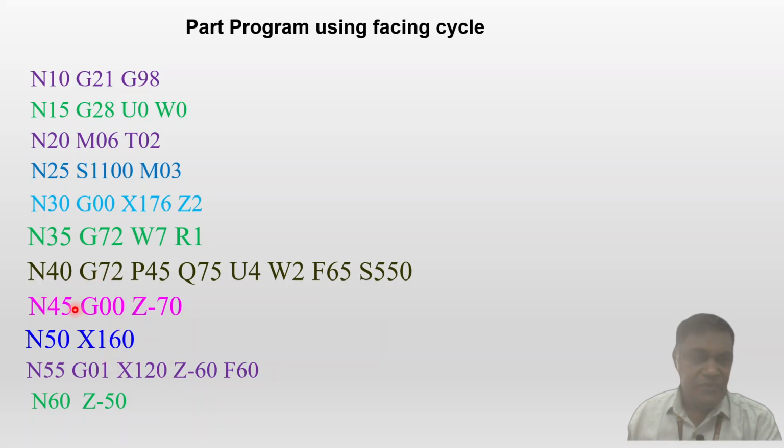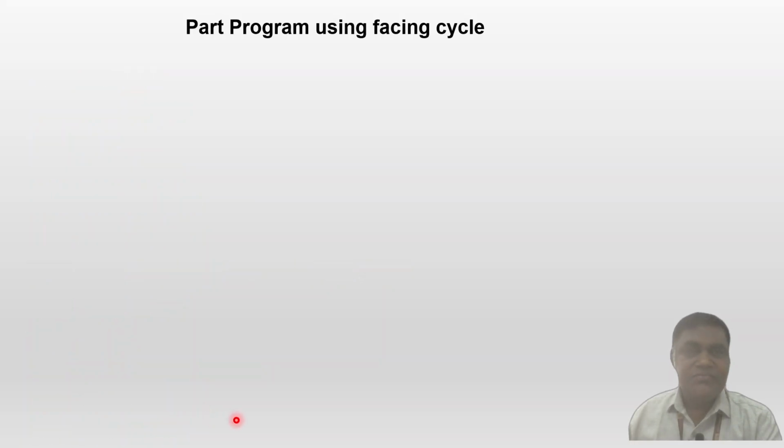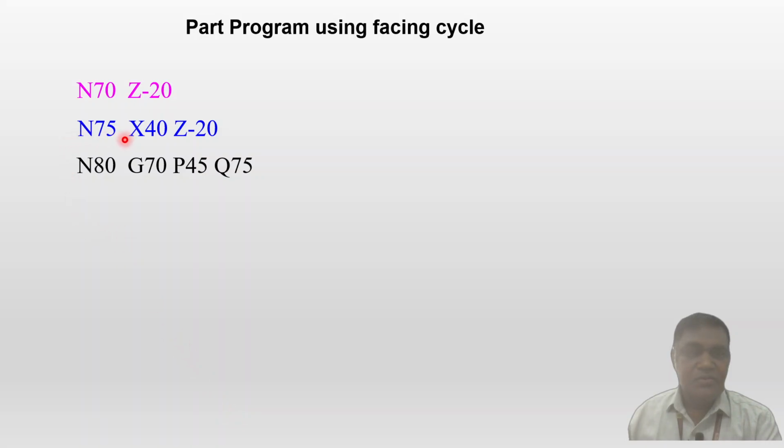The starting block number is 45, and whatever the shape is, we have to write it here. Then X80 Z-40, Z-20, X40 Z-20. This goes up to block 75, the entire contour. Whatever the contour is, you have to mention it in the blocks. In between block numbers 45 to 75 it will be repeated, and during this process the entire rough machining takes place.